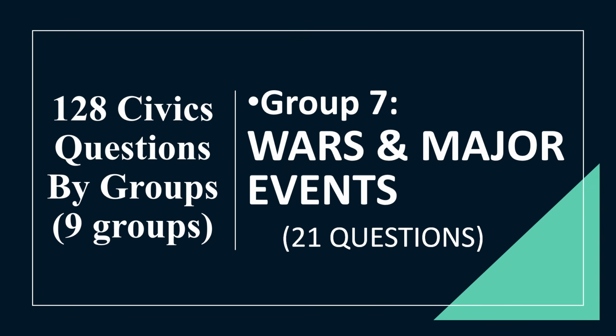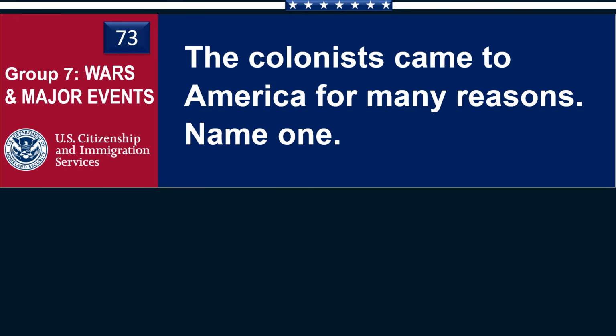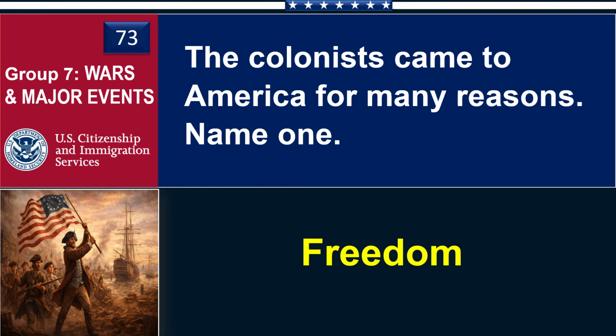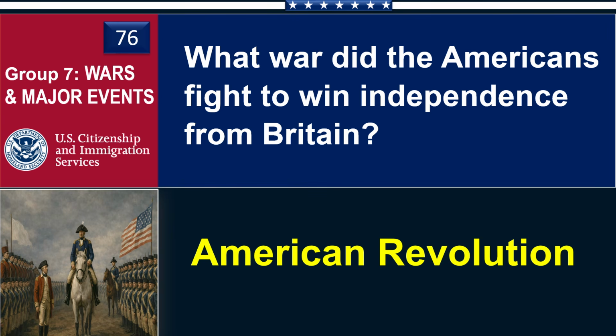Group 7. Wars and Major Events. The colonists came to America for many reasons. Name 1. Freedom. What war did the Americans fight to win independence from Britain? American Revolution.